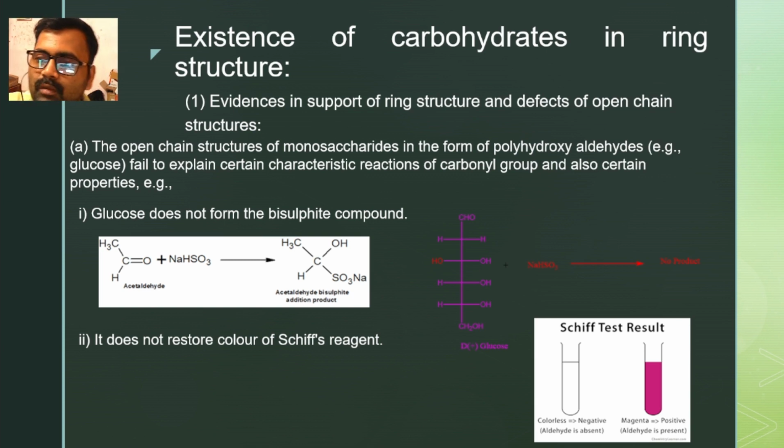The restoring of the magenta or pink color indicates that the aldehyde group is present. But when the D-glucose is treated with the Schiff's reagent, there is no restoring of the pink or magenta color. So this is one of the defects in the characteristic property of aldehyde group.